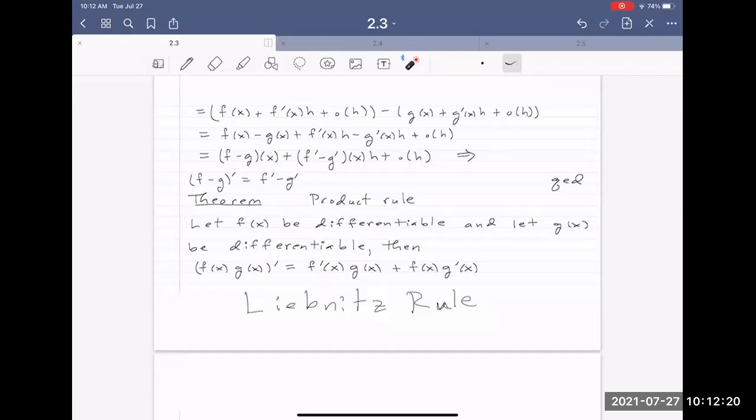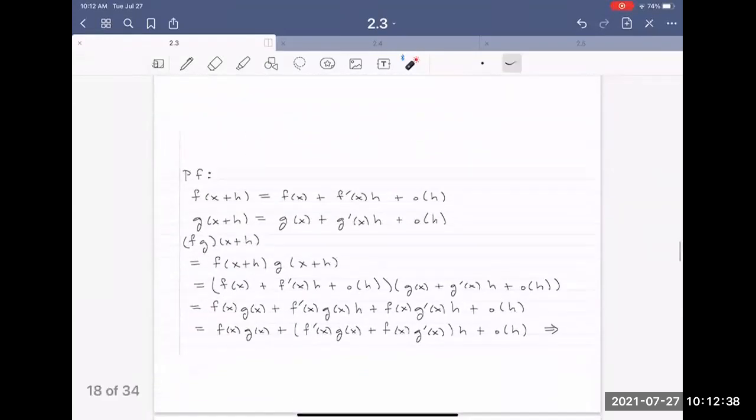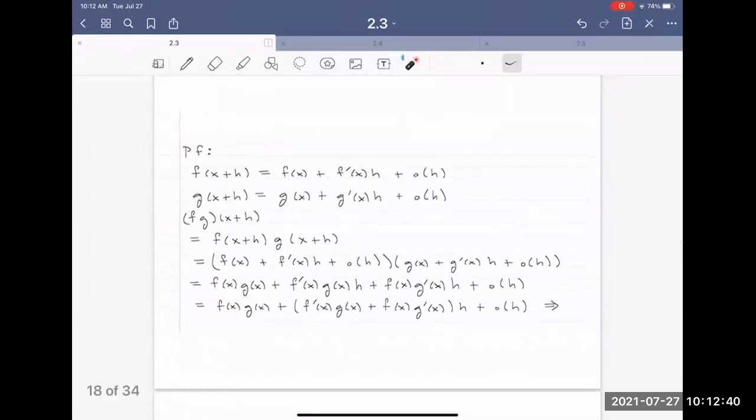Okay, so let's do this. It's actually easier to prove Leibniz rule using the Landau little-o notation than doing the difference quotient. So I'll do this as follows.